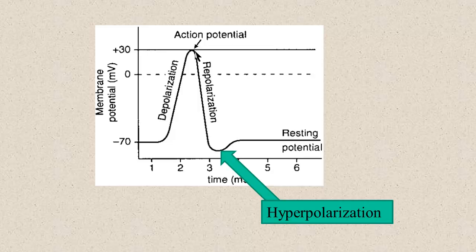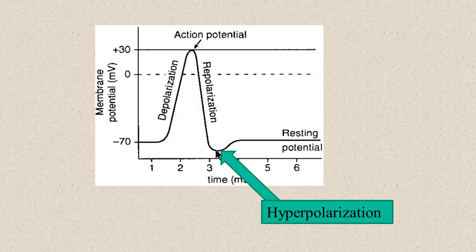Voltage-gated channels for potassium will open at positive 30 millivolts, and potassium will flow out of the cell through voltage-gated potassium channels. And this continues downward a little lower than the resting membrane potential because these voltage-gated potassium channels are slow to close, and we see a little extra leaking out of potassium from the cell, making it a little more negative than resting.